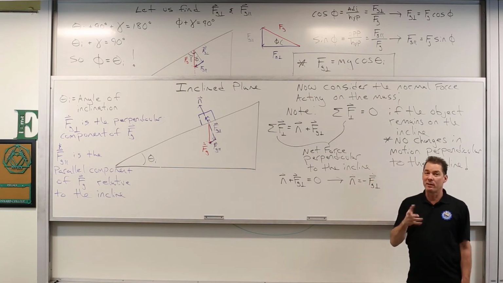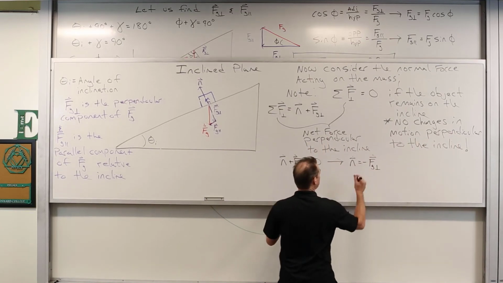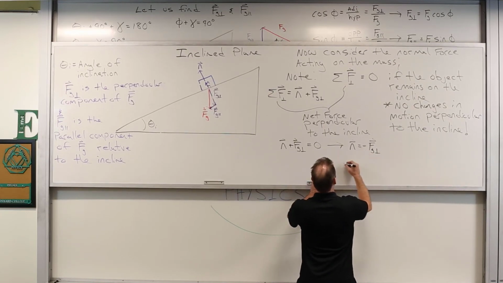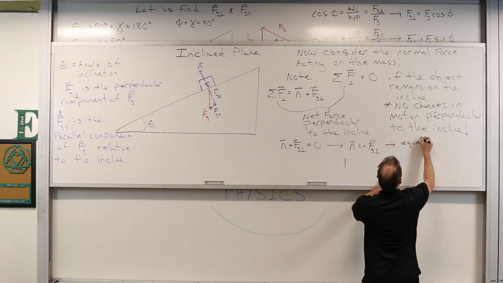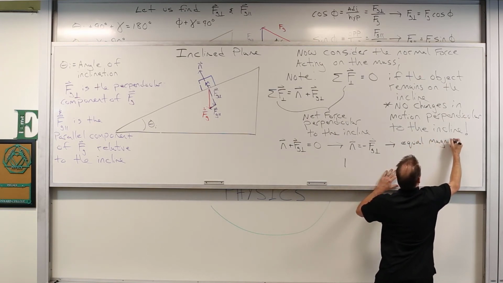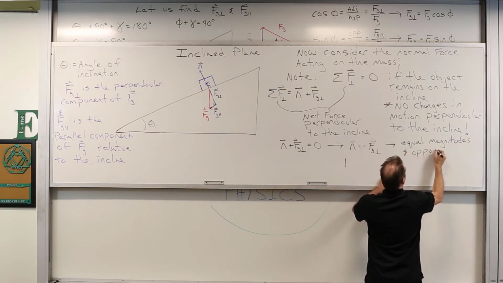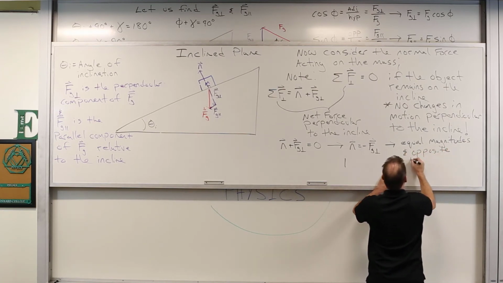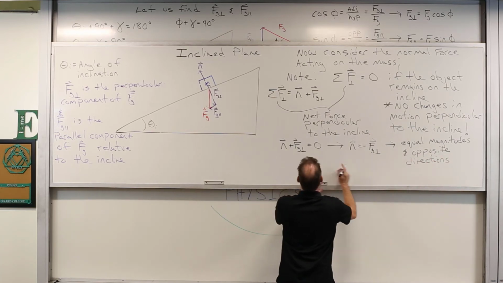For the parallel components, that's where we've got to be a little bit more careful. But ultimately, what do we get with this? We get equal magnitudes, opposite directions.